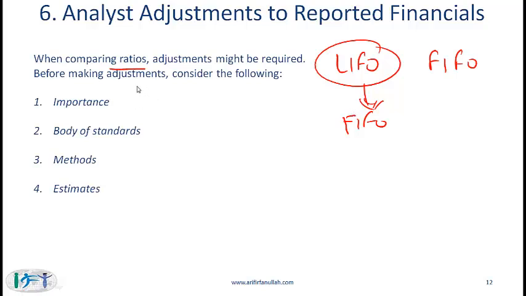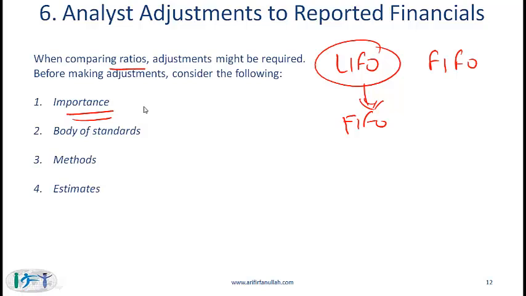However, before making adjustments, there might be some items that you should consider. One is the importance. Here we consider whether the adjustments that we are considering will really impact our decisions.